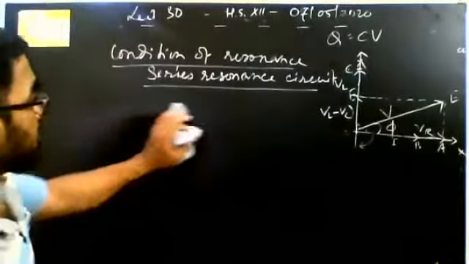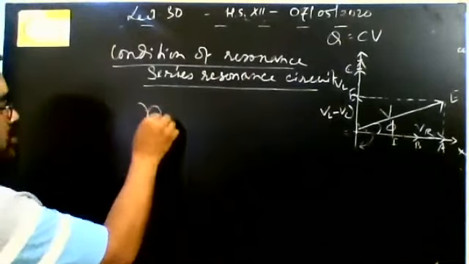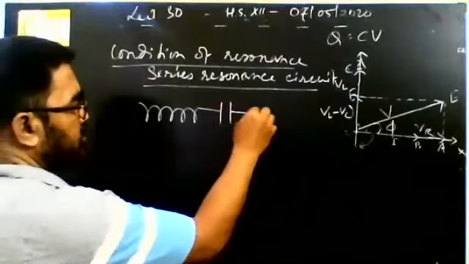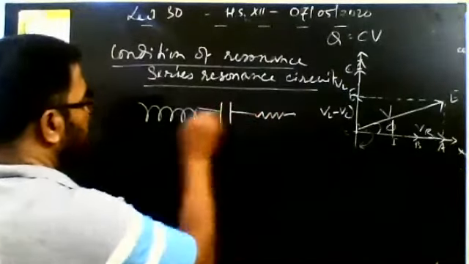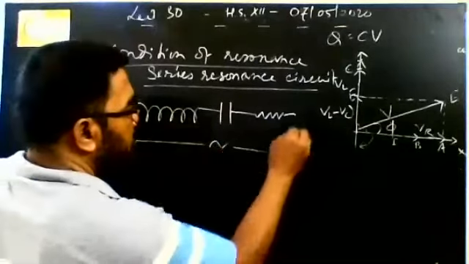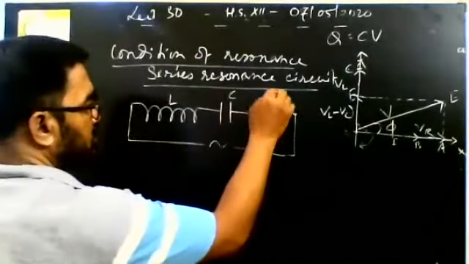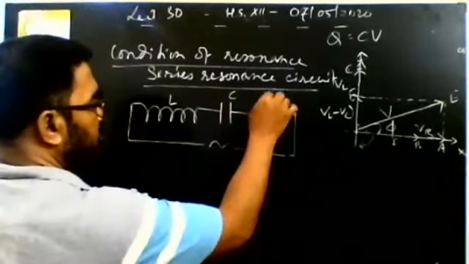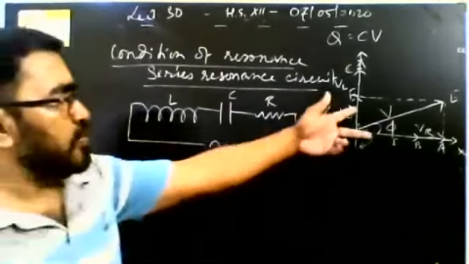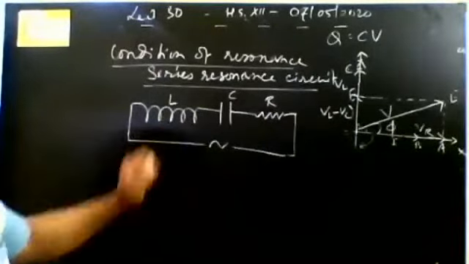So next discussion is the condition of resonance when inductor coil and capacitor and resistor all are connected in series, then we get phase relation between the voltages and the current through the circuit, right?